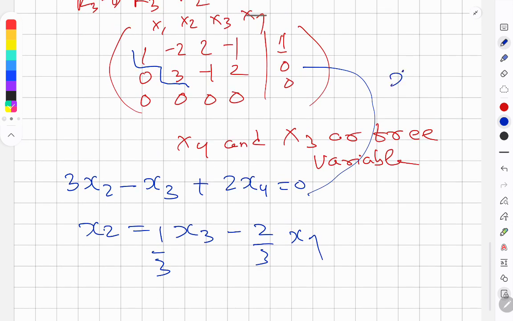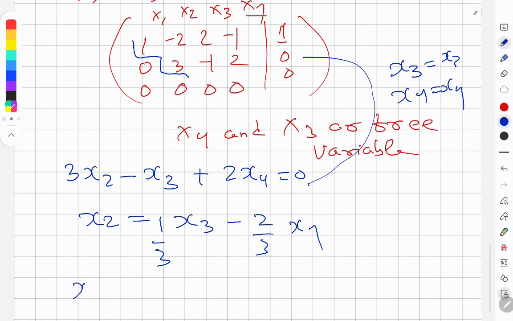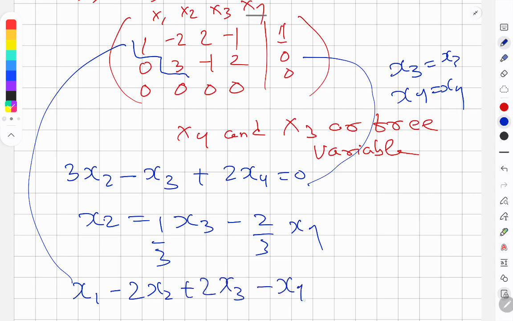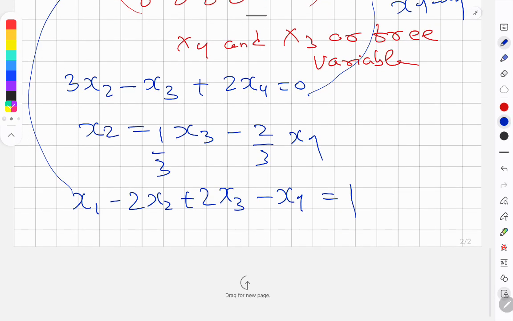And here I can write x3 equals x3 and x4 equals x4, three variables, and from the first row I can write x1 minus x2 plus x3 minus x4 equals 1.